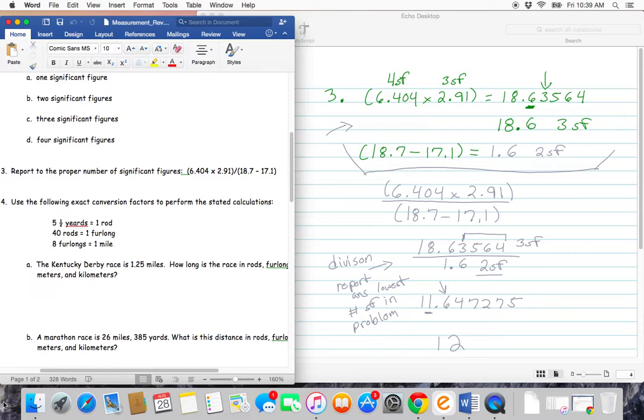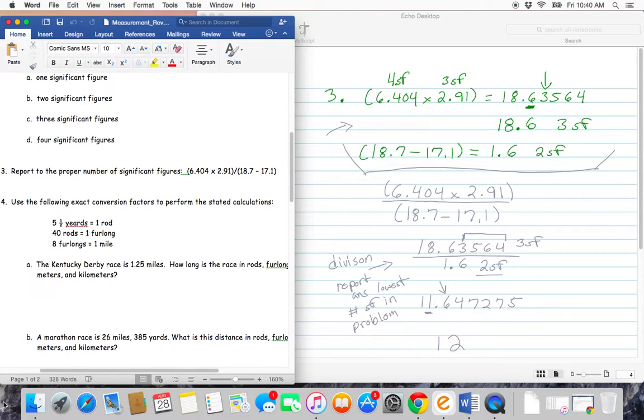In this case, since we have one place after the decimal in both of these, our answer needs to be rounded to one place after the decimal. So 18.7 minus 17.1 gives us a value of 1.6. And that is a total of 2 significant figures, and we round it to one place after the decimal based on the rules for addition and subtraction.